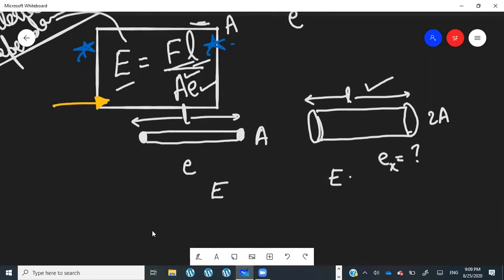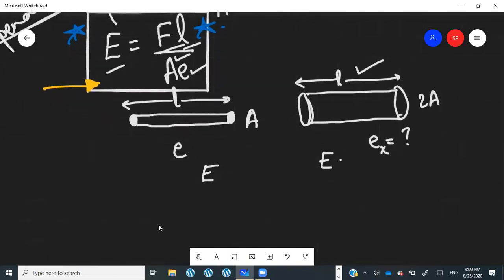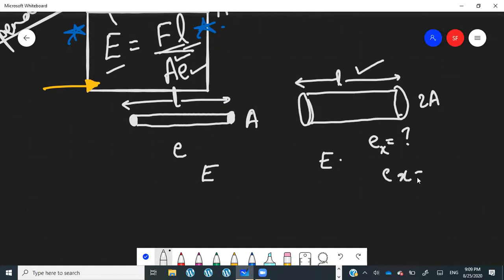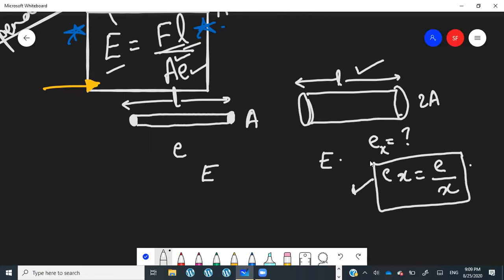The extension is going to get divided by 2. Why? Because the area is doubled. So it's harder to increase the length with a greater cross-sectional area. Yeah, this is correct.